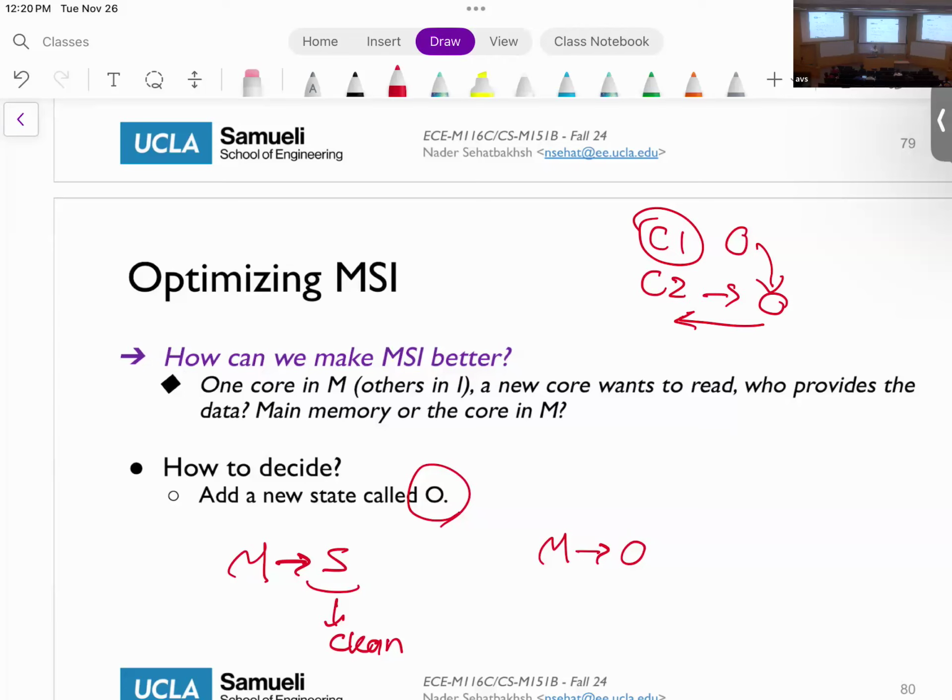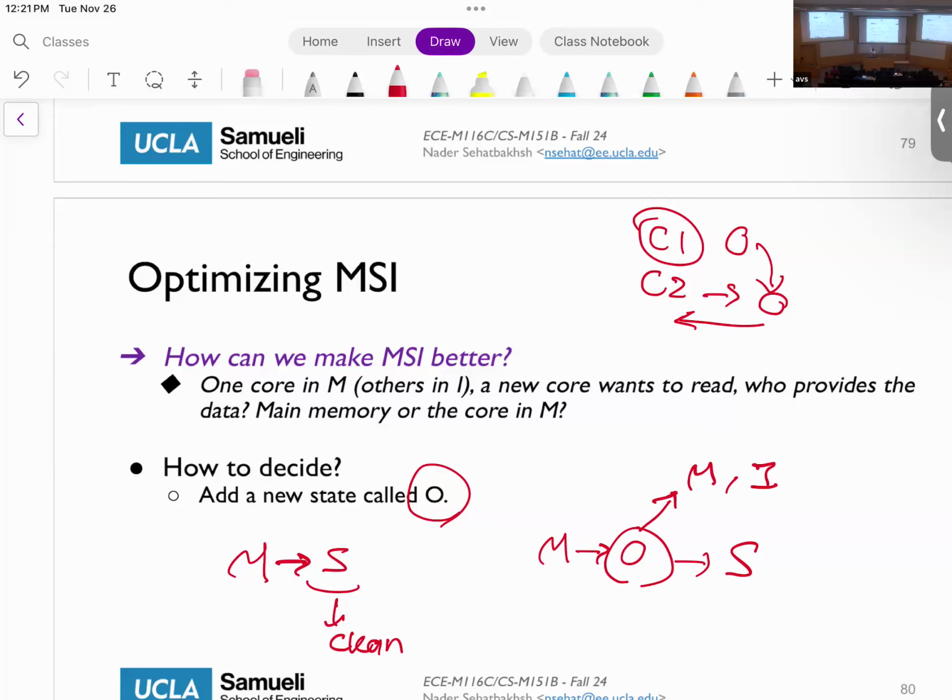There are a bunch of questions. Yeah. The question is, when do we transition from O to S? We don't transition from O to S, but we can transition from O to either M or I. We transition to I when another core wants to write. When another core wants to write, you no longer become the owner; the other core becomes the owner.